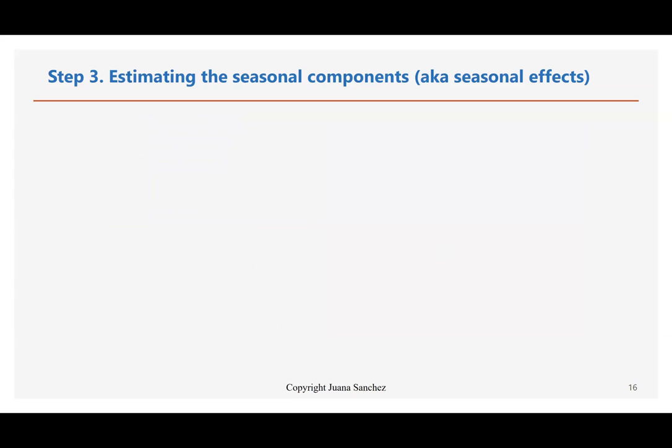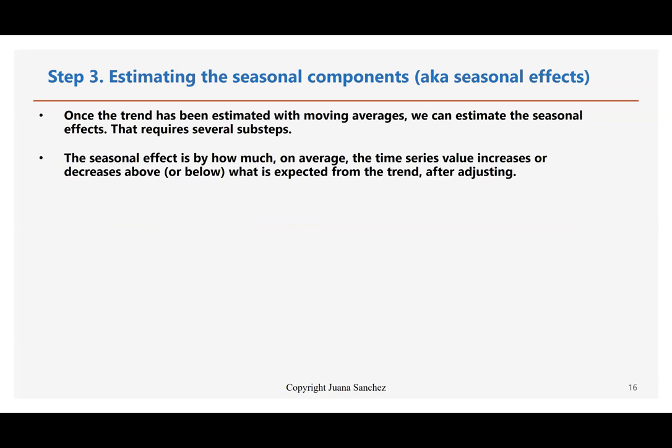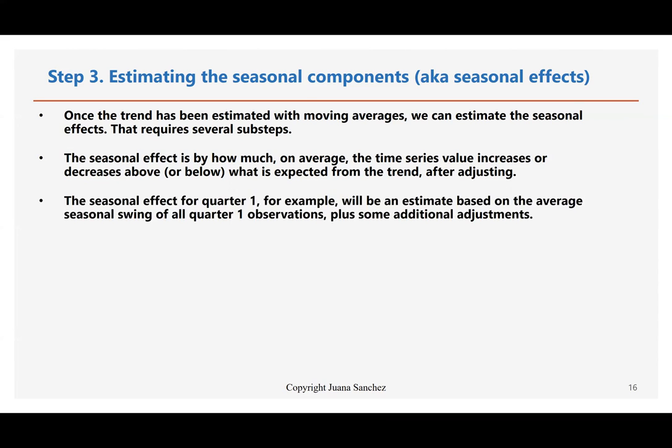How do we estimate the seasonal component once we estimate the trend? Well, we can do it now because we have an estimate of the trend. There are several steps to do that because the seasonal effect is not the seasonal swing. It's by how much on average the time series value increases or decreases above or below what's expected from the trend after some adjustment.